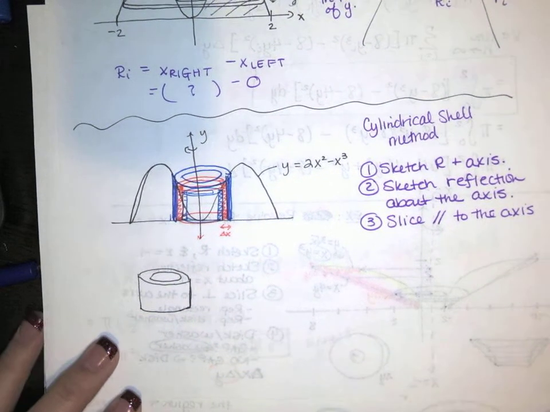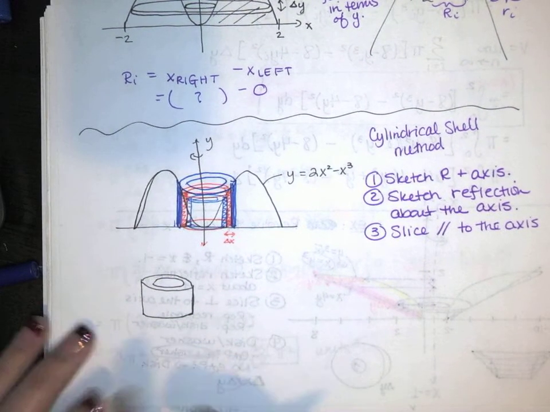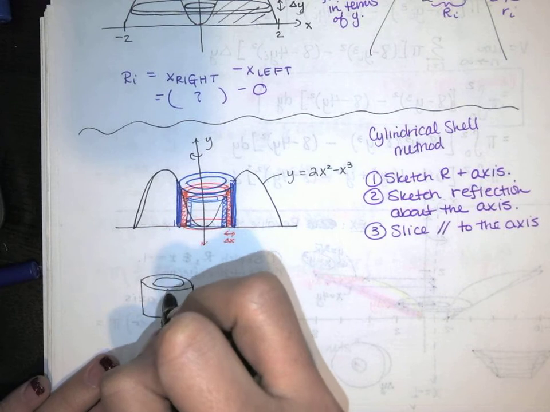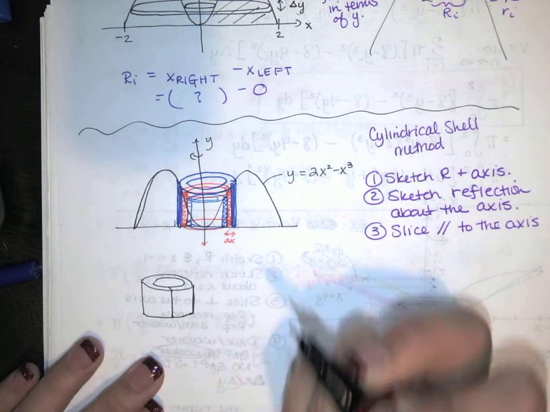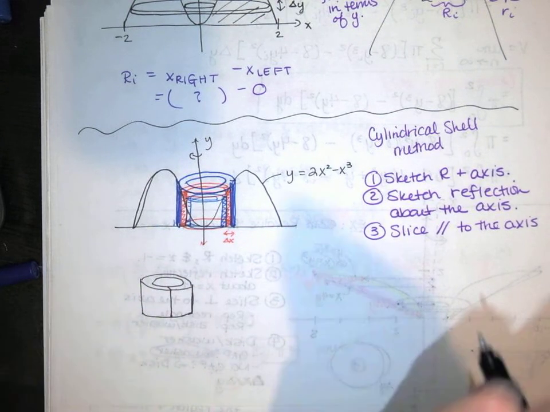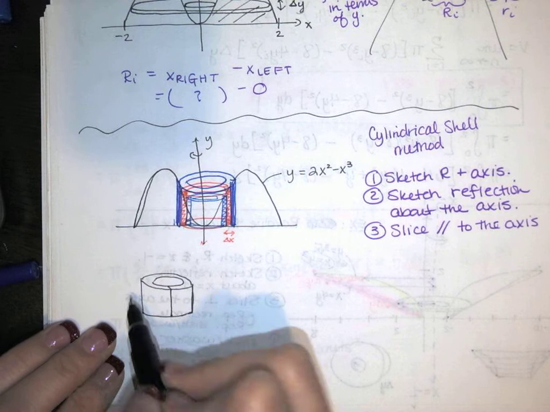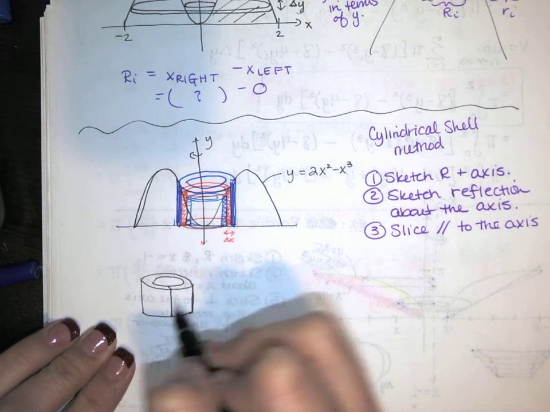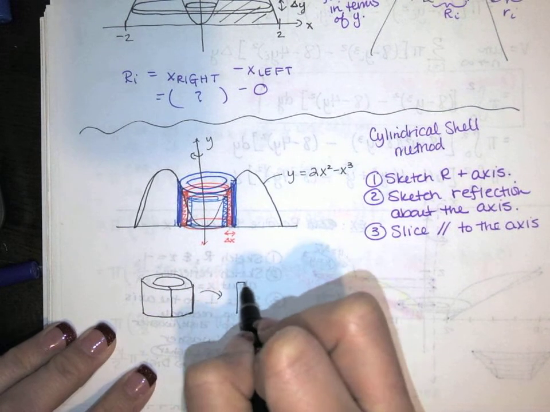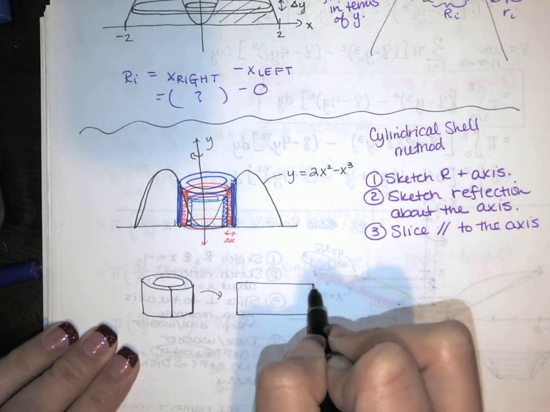Well, the way I think of it is I'm taking this thing, it's just like a can of beans, it has a seam on the side. If I want the volume of that outer piece, like this outer edge of my can of beans, I just cut it down the seam and I'll unfold it. I'll lay it out flat like this.